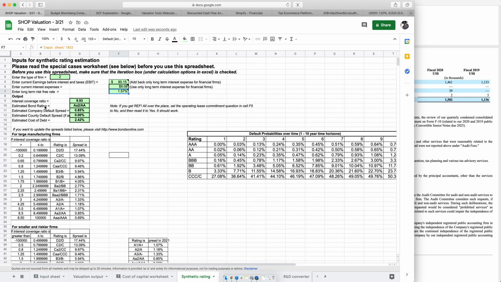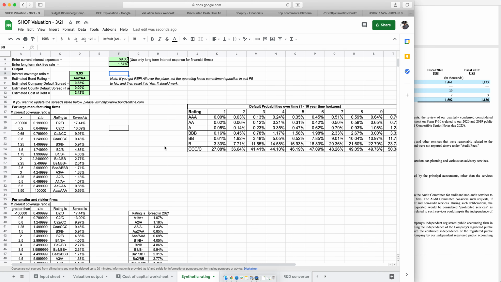If you don't have a bond rating yourself, he backs that out for you based off of your interest coverage. Interest coverage is, I believe, the total assets over your interest expense or something like that. Basically, it tracks how much more you earn relative to how much you have to pay in interest, to get a sense of how safe you are.